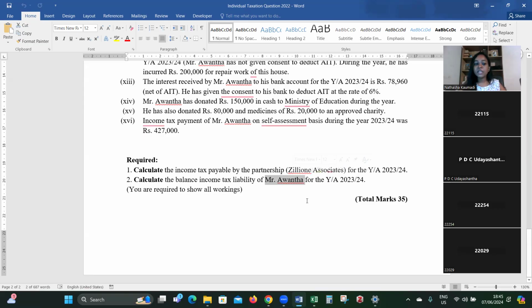That means individual taxation. So we have to do partnership taxation and individual tax computation for Mr. Avantha, and you will understand the relationship when you read the question. You are also required to show all workings, so when you do a similar question in the exam, you need to show all those workings. We'll see what the workings are.